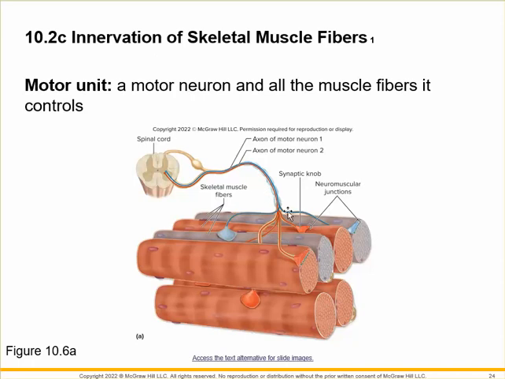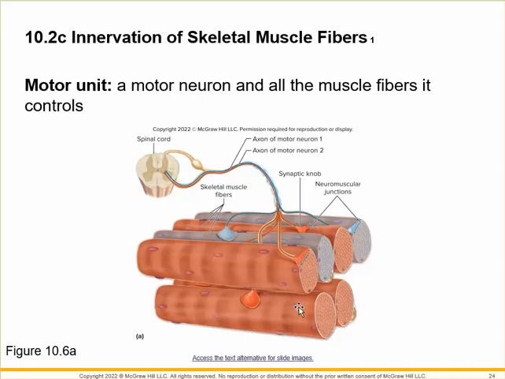And these 2 are innervated by motor neuron 1. So when motor neuron 2 fires, these 4 contract. When motor neuron 1 fires, these 2 contract. And if they both fire simultaneously, all 6 contract. Make sense?